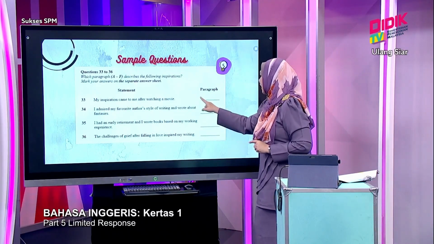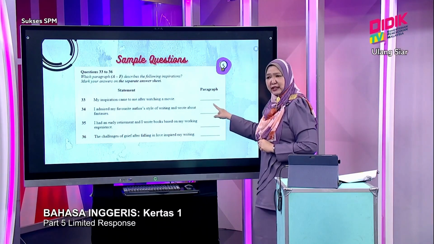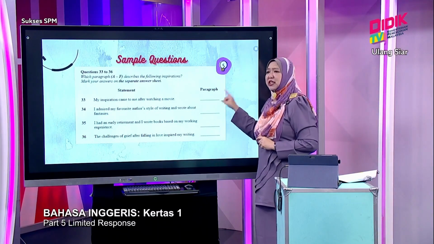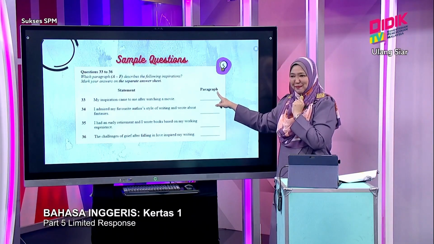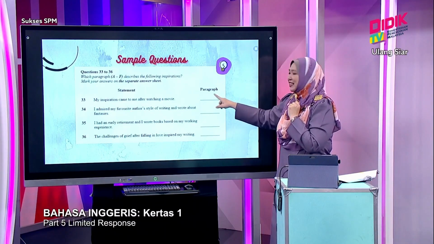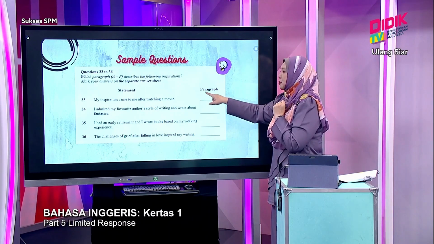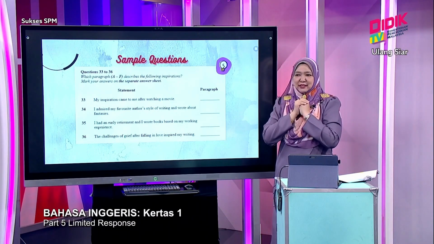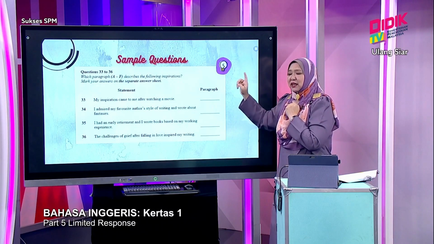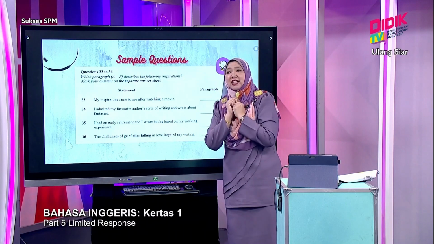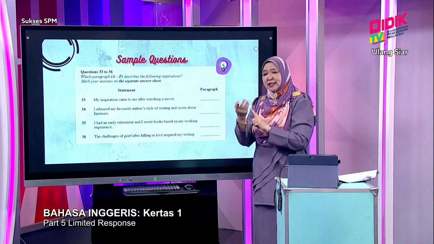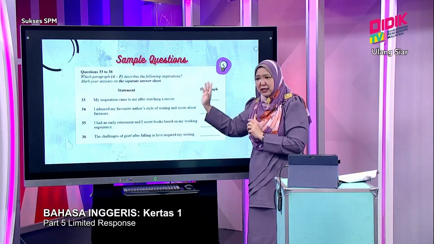It's stated clearly here that you need to give paragraph, not name. Not Martin Clark, not person. So this is paragraph. This is what I mean when we say read the instruction carefully. This is the first task, 33 to 36.